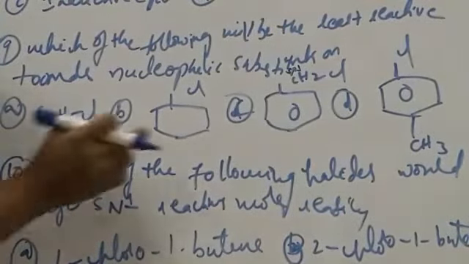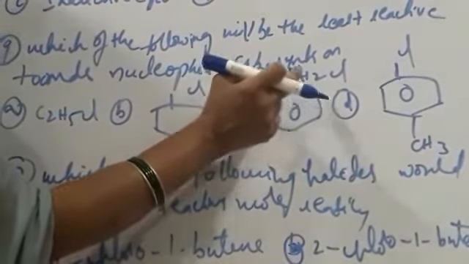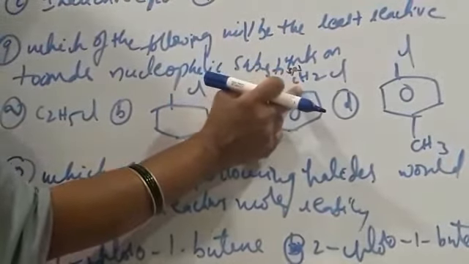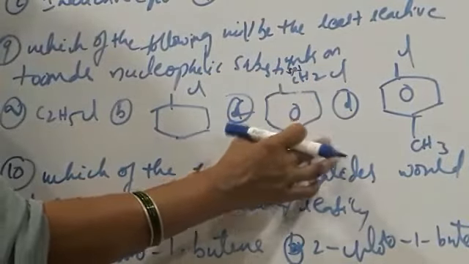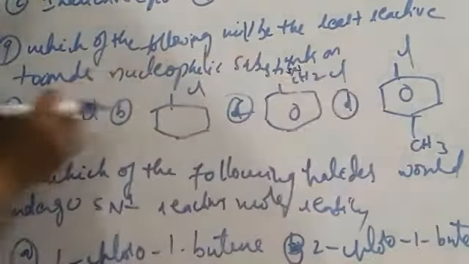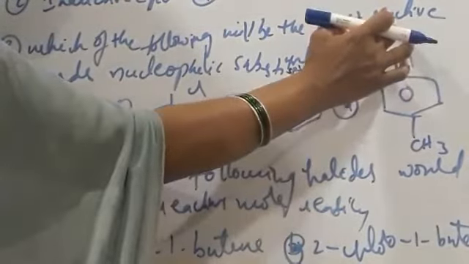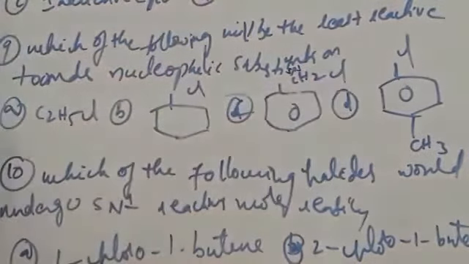So that's why, due to linkage with sp3 hybrid carbon, this compound is also more reactive towards SN1 reaction. And coming to this, here the halogen atom is directly linked with sp2 hybrid carbon.